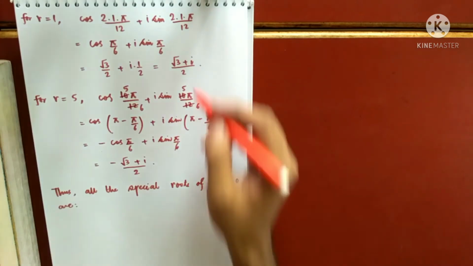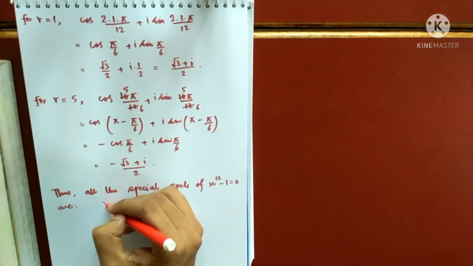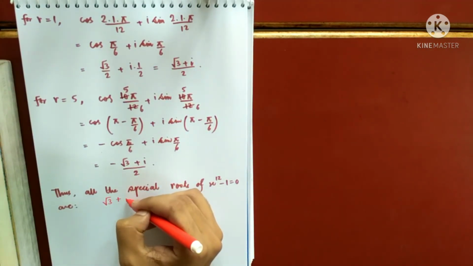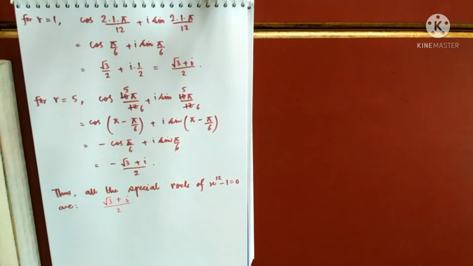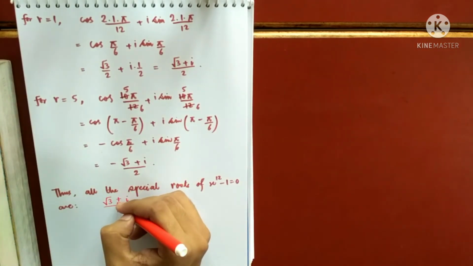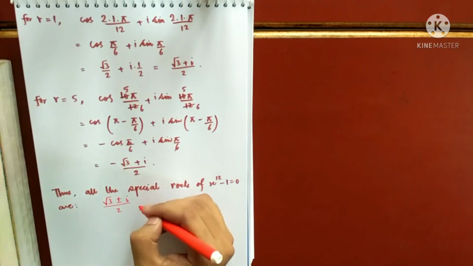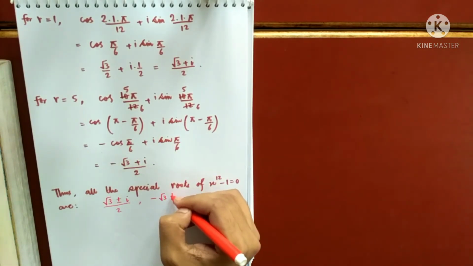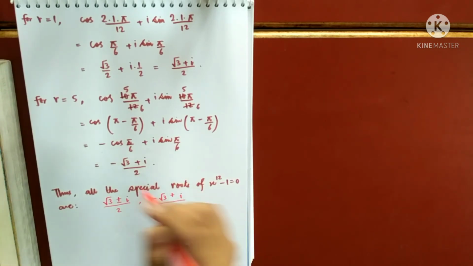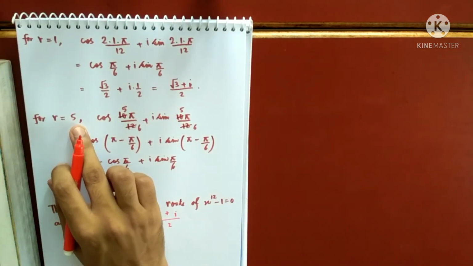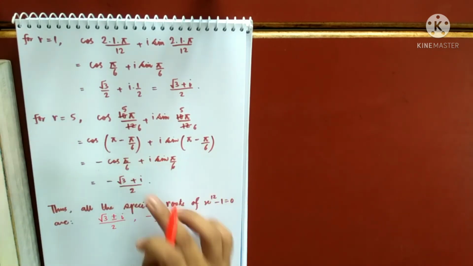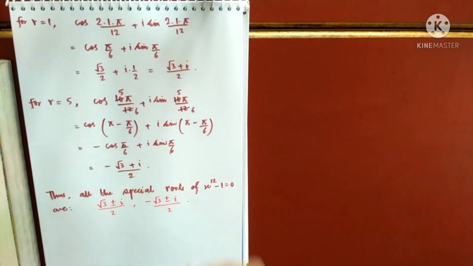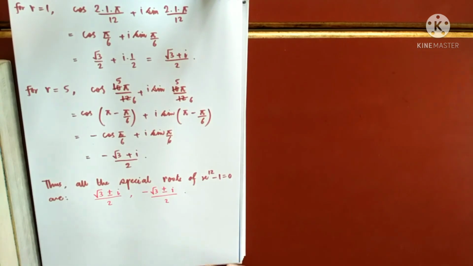The first special root is root 3 plus i by 2, and another will be for r equals 11, which will be the reciprocal of this. Reciprocal of this will just be minus here. Always keep that in mind. And another special root will be this, and its reciprocal, because alpha to the power 7 is the reciprocal of alpha to the power 5, so the reciprocal of this is guaranteed to be this. So these are the 4 special roots.